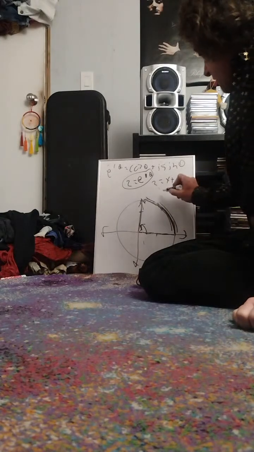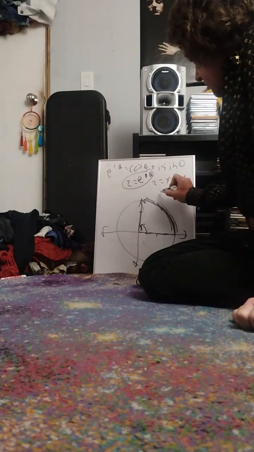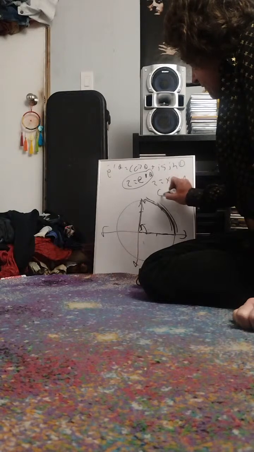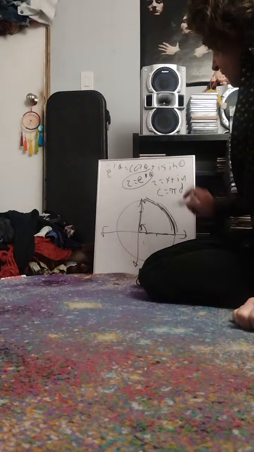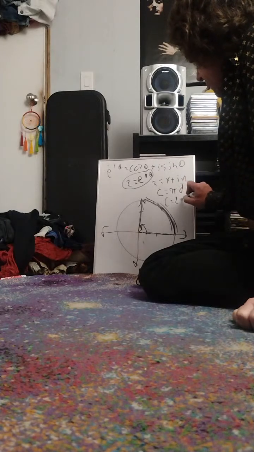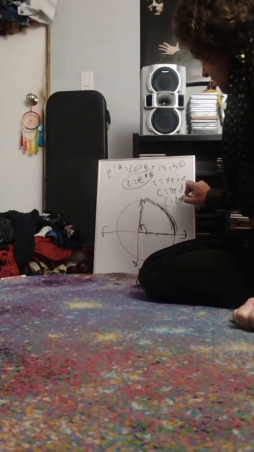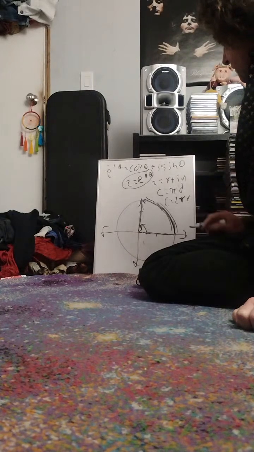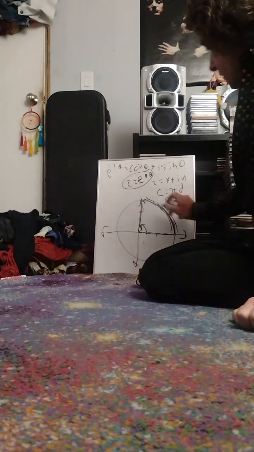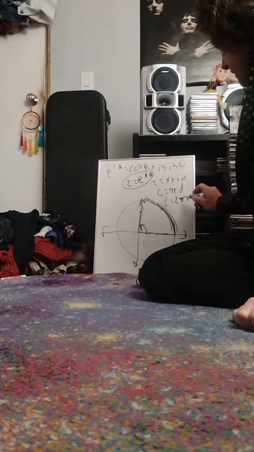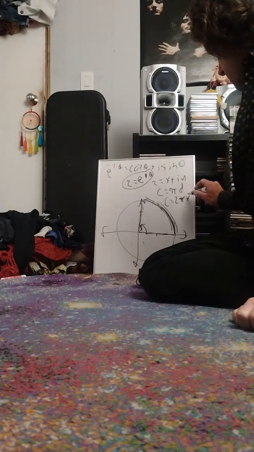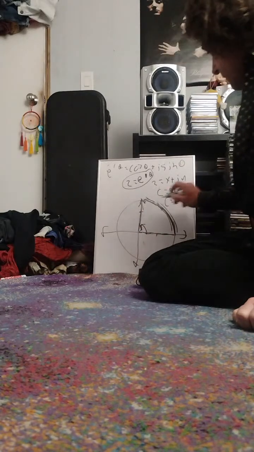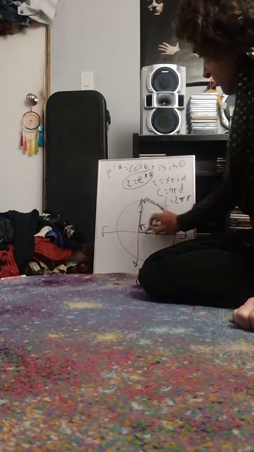So since the circumference of the circle equals pi times the diameter of the circle, then the circumference equals 2 pi times the radius, because the diameter is twice the radius. So all around the circle is 2 pi, because that's how many of these go all the way around.